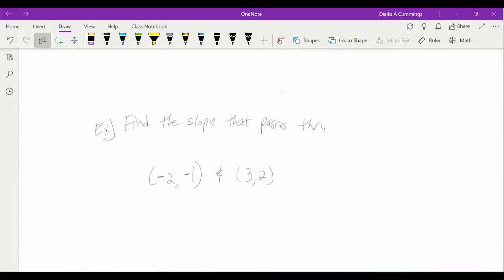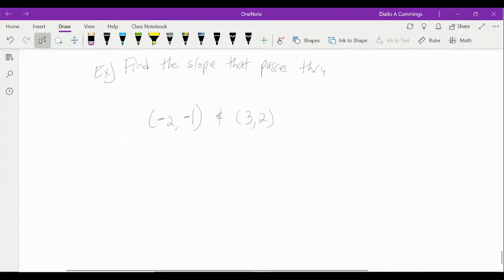All right, so we have our points -2, -1, and 3, 2. And we're going to use the formula. m is equal to y sub 2 minus y sub 1 over x sub 2 minus x sub 1. So we're going to label our first point as x sub 1, y sub 1.